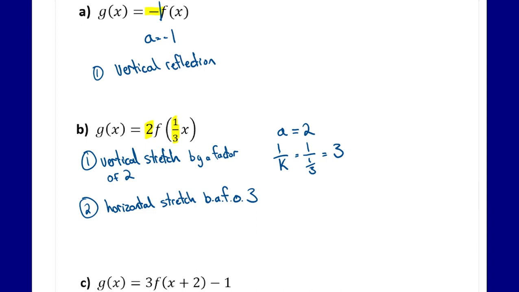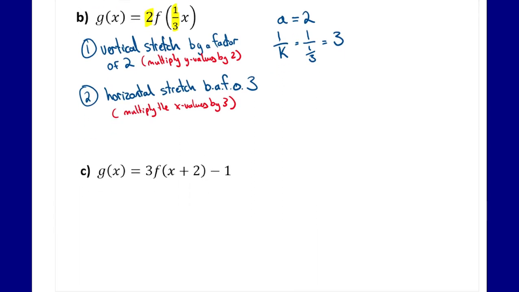This basically means for the vertical, the a value, essentially multiply the y values by 2. For the horizontal, we multiply the x values by 3.